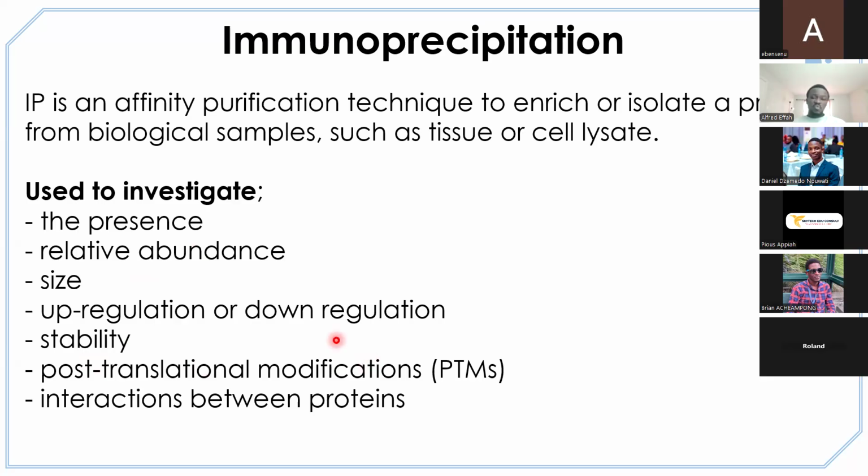If you want to know whether a phosphate group or a methyl group was added somewhere, you can use immunoprecipitation for that. And what you are interested in today is interactions between proteins. Now, you suspect that protein A is interacting with protein X. How do we determine that? We can use immunoprecipitation to look at the interaction between two different proteins.